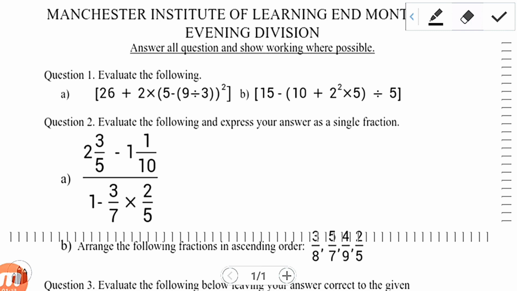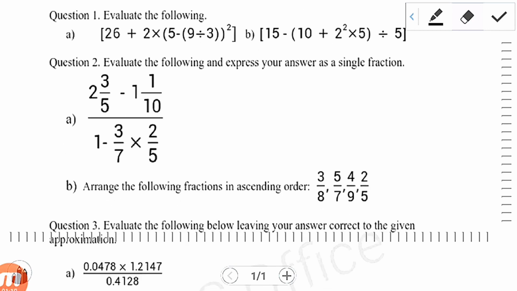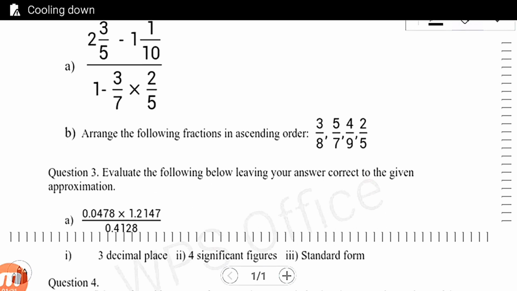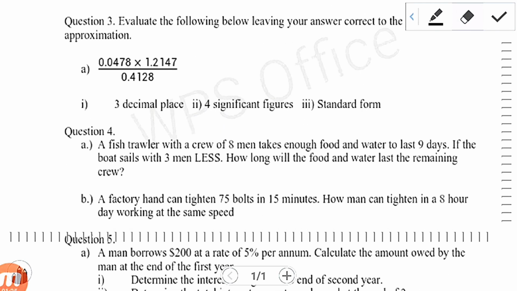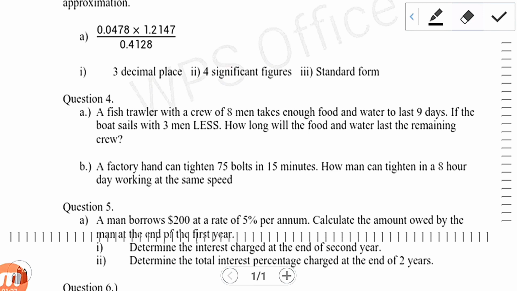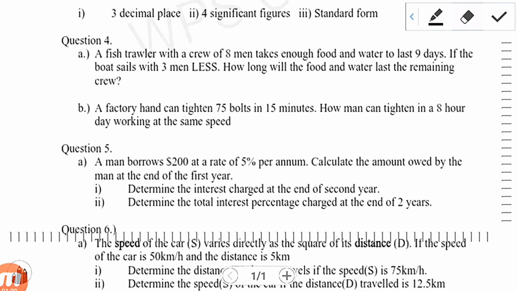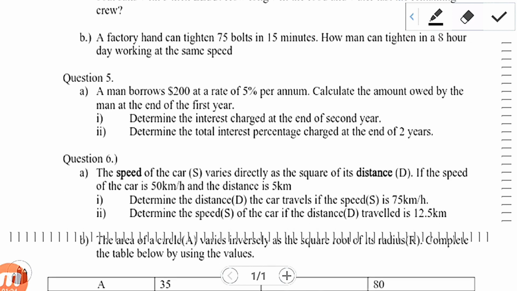Of course, this quiz covers the concepts of the PEMDAS rule, BOMDAS or BODMAS. It also covers a bit of fractions, arranging fractions. We're looking at some decimals, approximation. We're looking at direct and indirect proportion, direct and indirect variation. And we're looking at, of course, a bit of percentage in the form of interest.